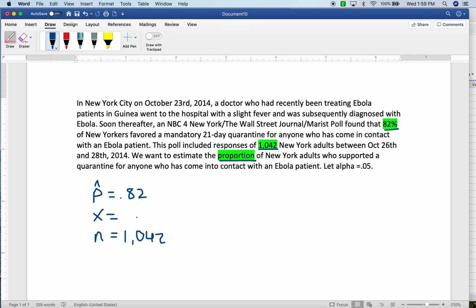Our x value is the number of successes, so we're going to have to do 0.82 times our total, and that'll figure out how many people out of that 1,042 agree for the quarantine. That'll give us about 854. We want these to be a whole number, so I'm just going to round it down to 854. If it was higher than 0.4, we would round it up. So then we have our p hat, we have our x, and we have our n.